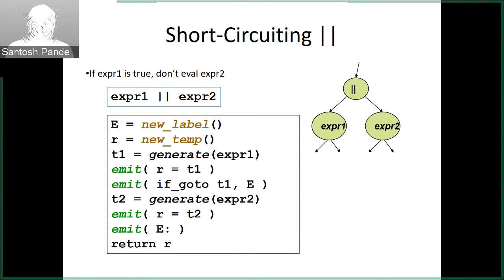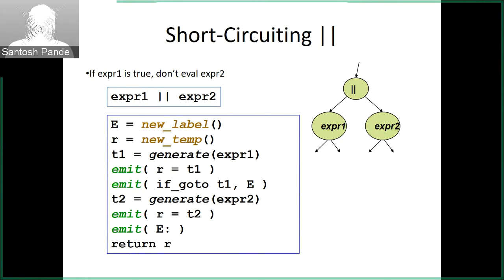If the result is not true, we are going to have the code here, which is put there by the generate function for expression 2. So you can see it is a very intuitive and simple layout, as though you will program in assembly. So you're following pretty much the same principle here.